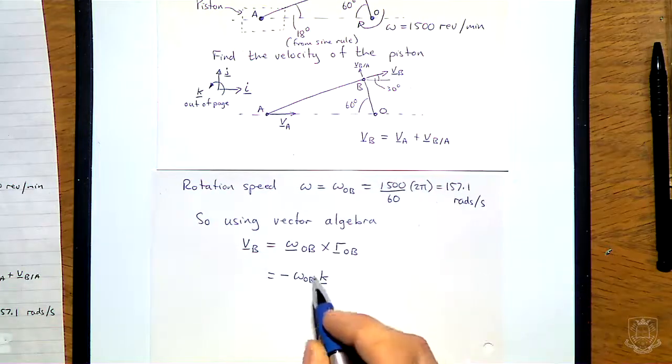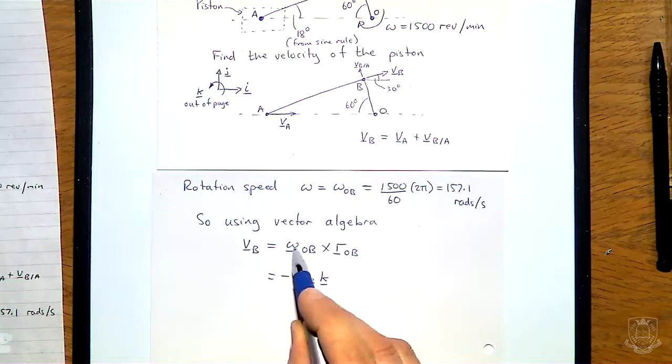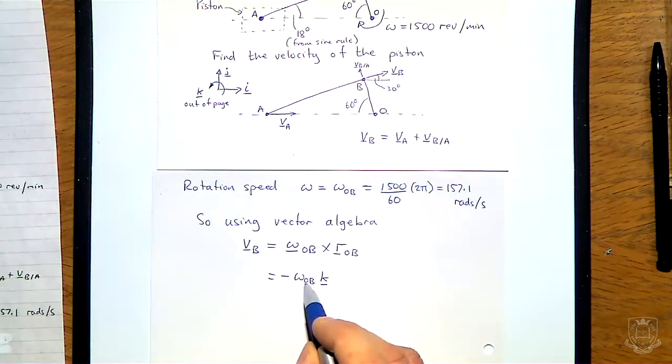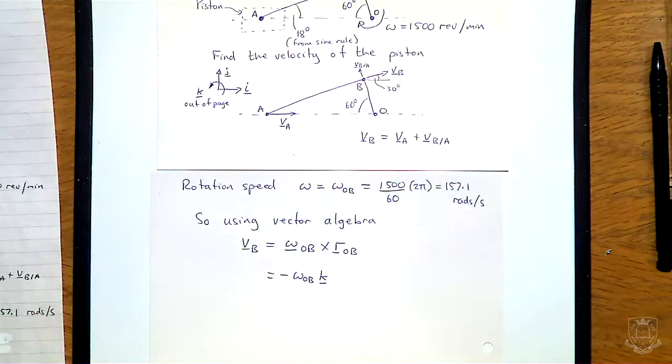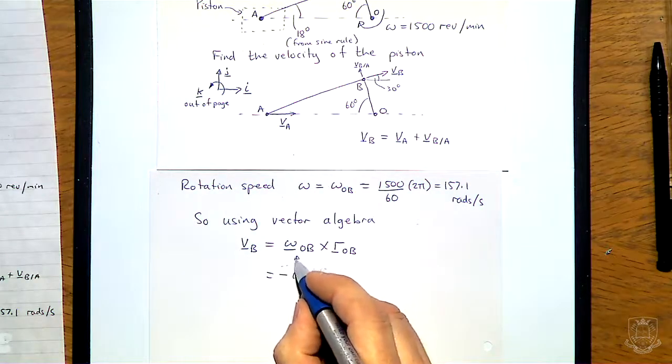So what we're doing here is creating the omega vector by working out what the sign convention is, putting in the scalar quantity, and multiplying it by k, because what we defined for vector algebra is that rotations are a magnitude times the k vector. All of this thing here is basically that.